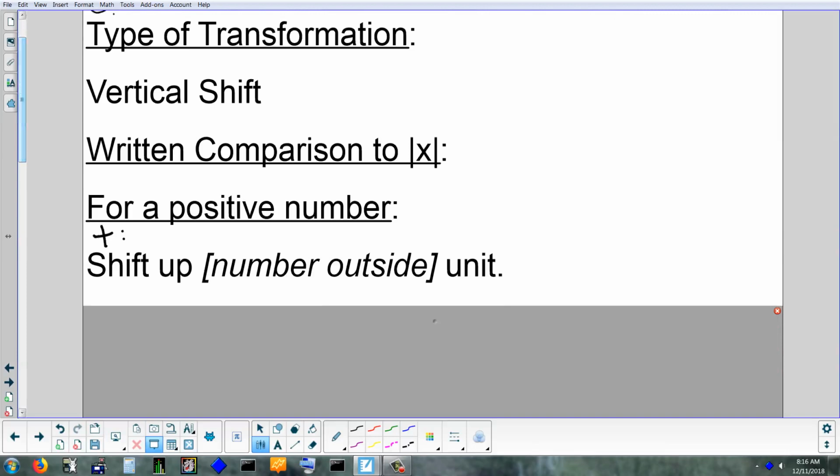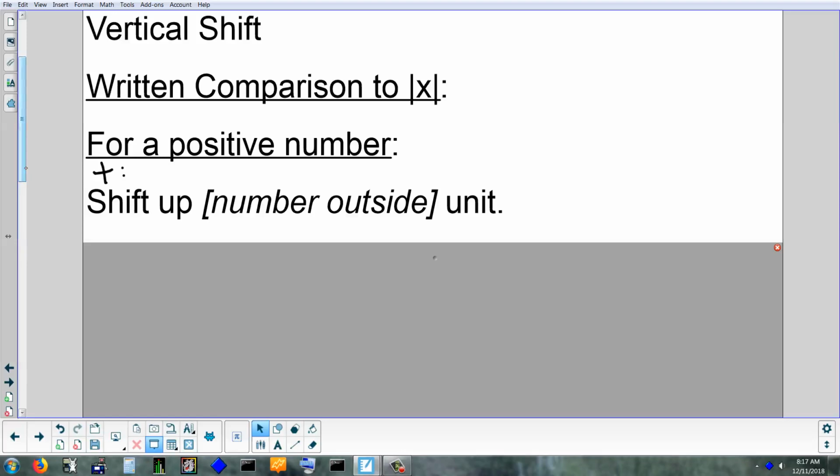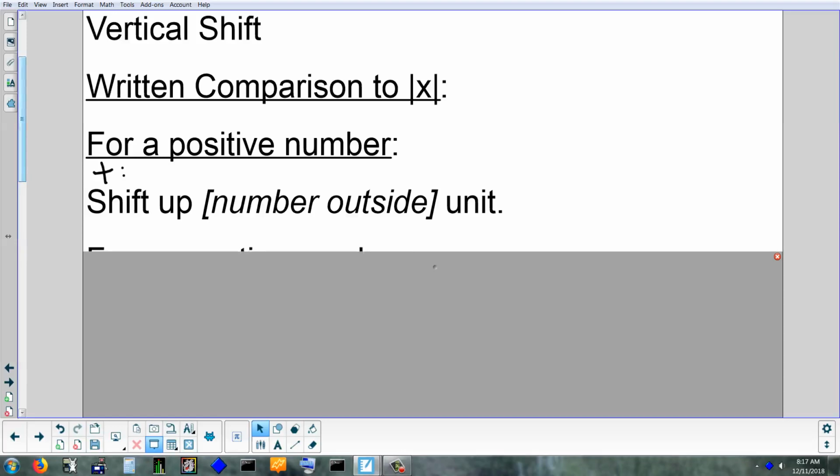So you don't have to write this whole thing. Just put a plus, and then put shift up, number outside of units. Then you do the same thing for minus. Put minus, put a little colon, and then write what the description is. So if a plus on the outside is vertical shift up, what do you think a minus on the outside is going to do? Down.